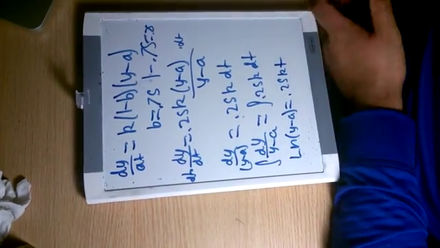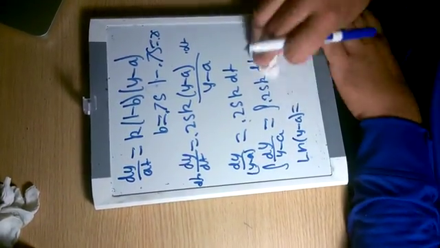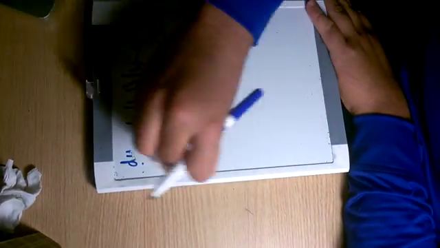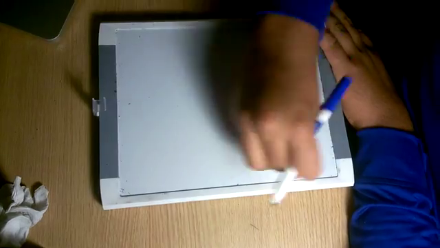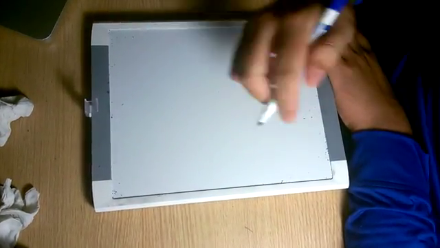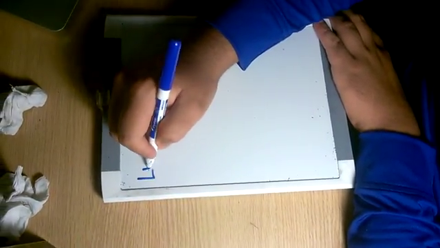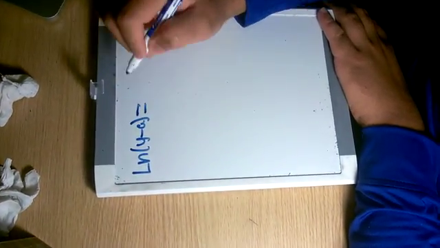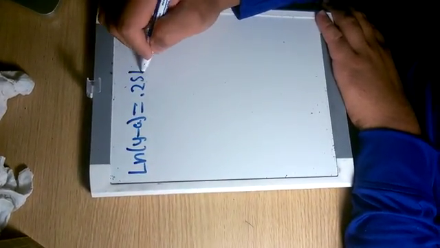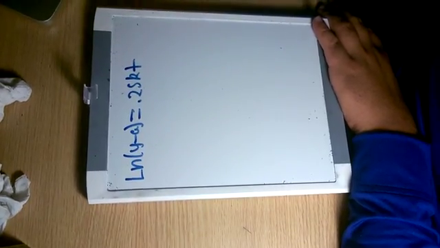Now I'm going to erase this to continue. So right now we have ln(y - a) = 0.25kt.